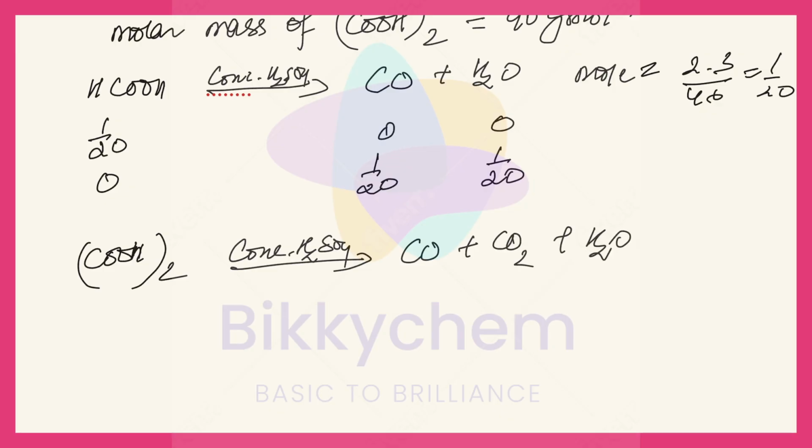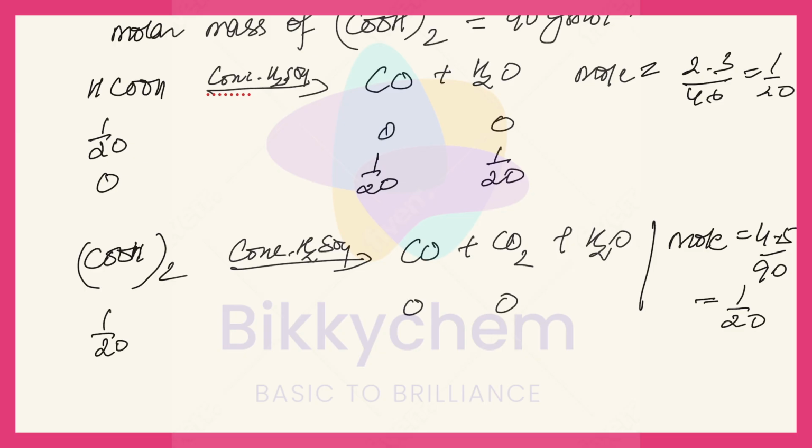Its mole also, as per the given value, 4.5 divided by 90, is 1 by 20 again. So 1 by 20, and 0, 0, 0 in the beginning, and then 0, 1 by 20, 1 by 20, 1 by 20.